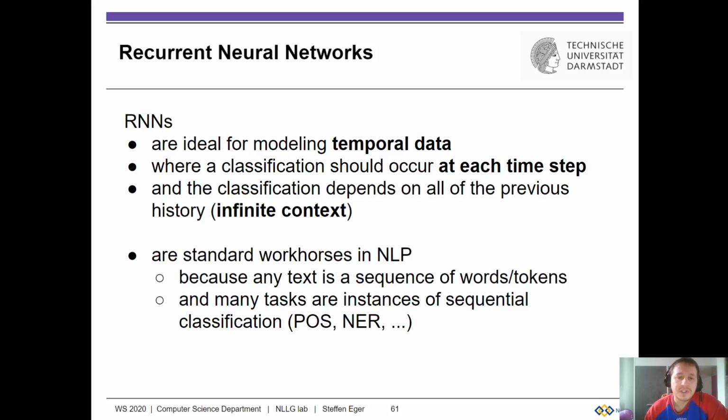Of course, an ordinary sentence is also a temporal sequence, because the words come in a predefined order, and the order actually makes sense. So when you classify a sentence, or you classify each element in the sentence, then that would also be considered temporal. And of course, the same goes for spoken language, where the words appear in their natural order, namely the order in which you utter them.